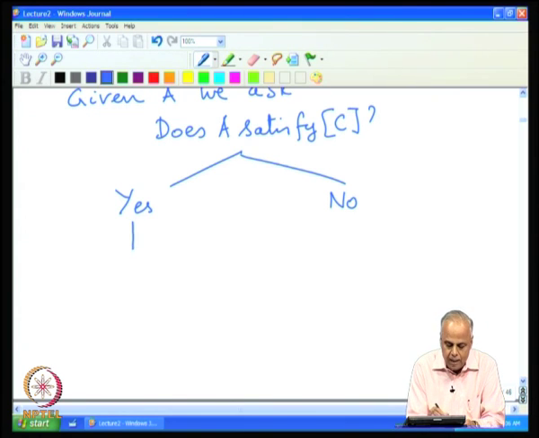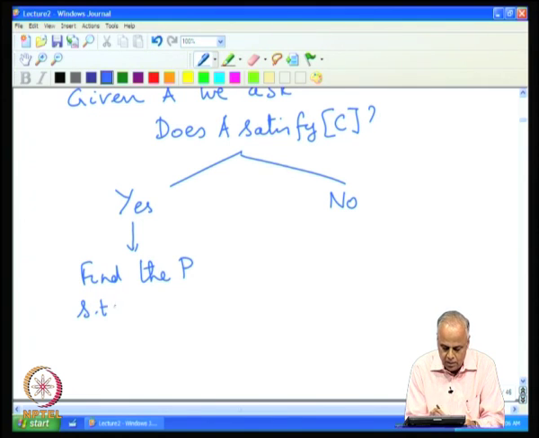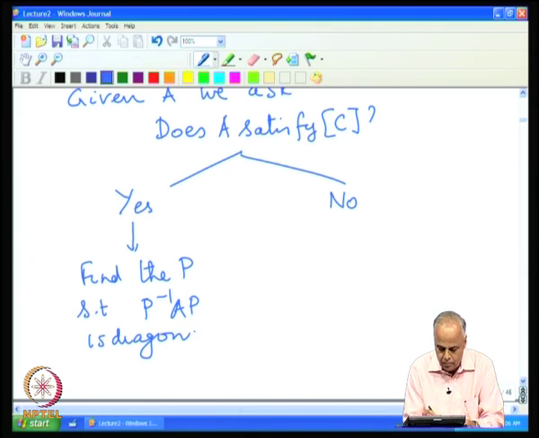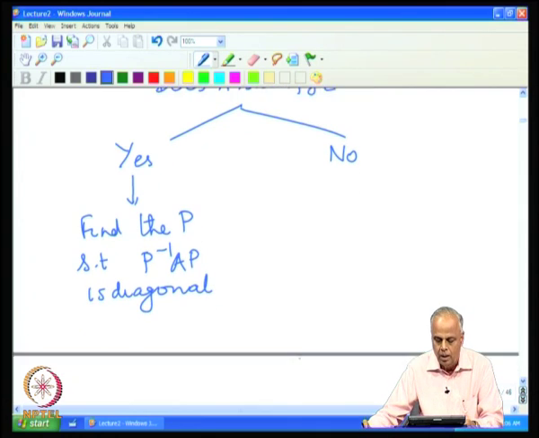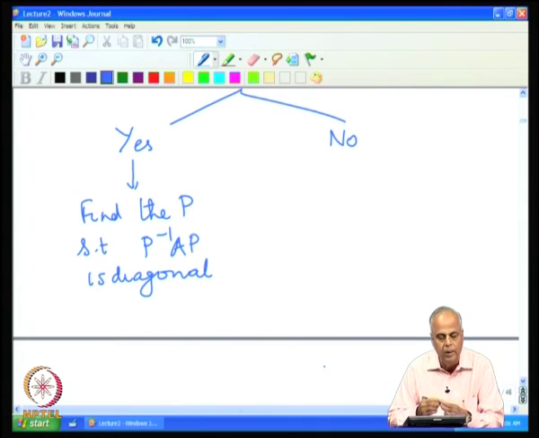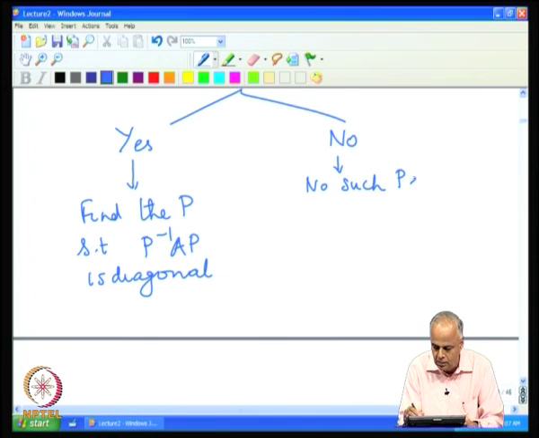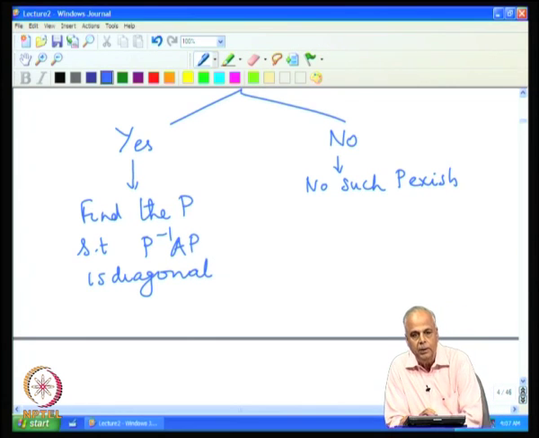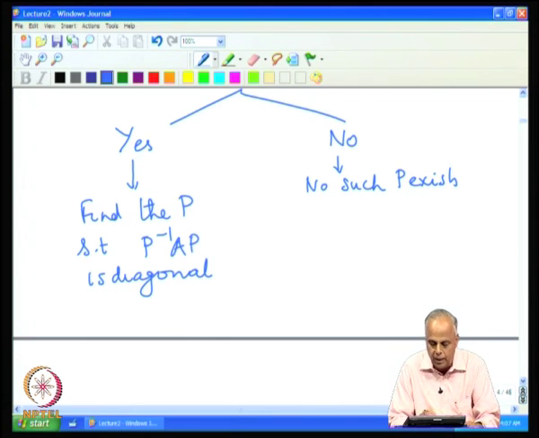Again, when it is yes, we ask, find the P such that P inverse A P is diagonal. When it is no, we know there is no such P, so no such P exists. Now, in this situation, there are two types of analysis we can do.